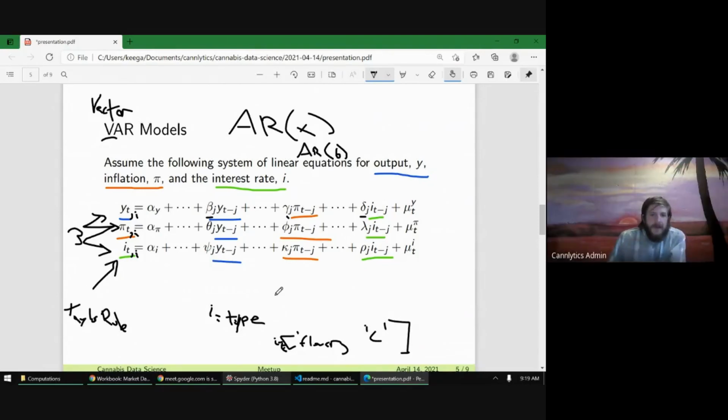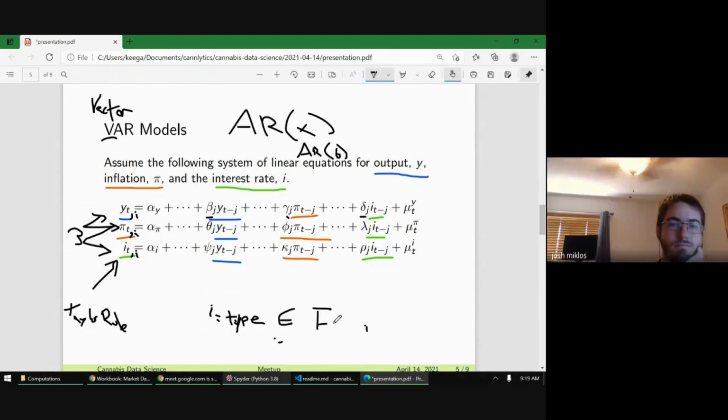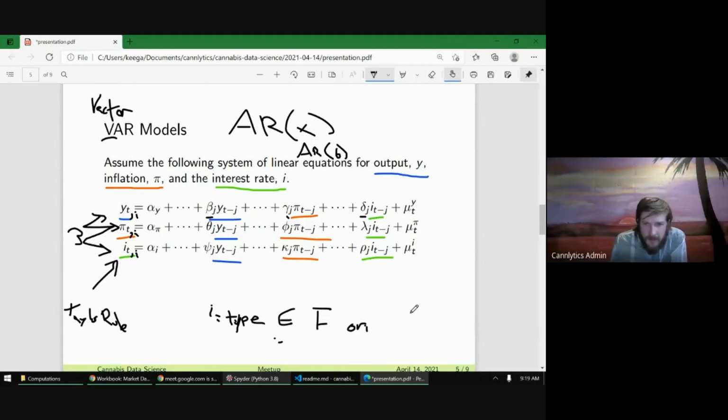This is getting a little messy. Let's just do this. Okay, so let's just say type is an element of F4. Okay.